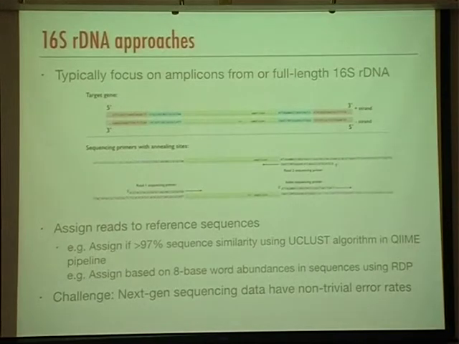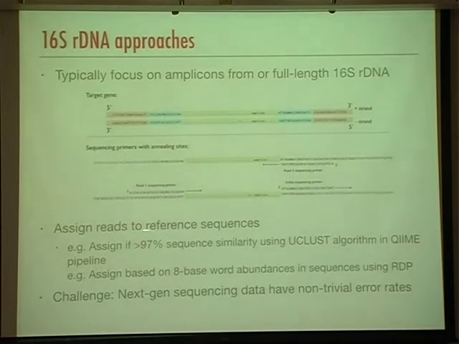The approach that's usually taken to do this is to do PCR amplification of the 16S ribosomal DNA and pull out a particular focal amplicon region that is then sequenced. And then what is usually done is to take the reads and BLAST search them against the set of references.